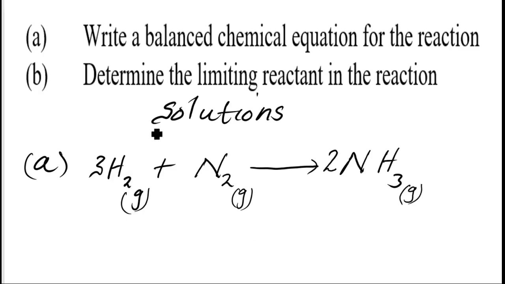Let us now proceed to the next question, which is the most important thing in this video: to help you understand how to determine the limiting reactant in the reaction. The keyword is reactant. When you are dealing with limiting reactants, you just deal with the reactants.